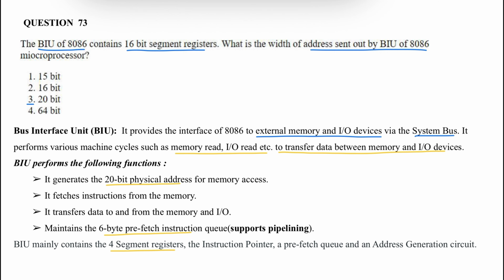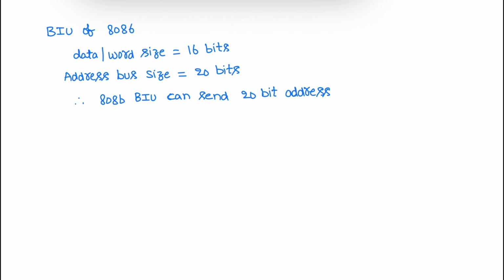The correct answer is 20-bit. It generates a 20-bit physical address for memory access. In the BIU of 8086, word size or data size is 16 bits, address bus size is 20 bits, so the 8086 BIU can send 20-bit addresses.